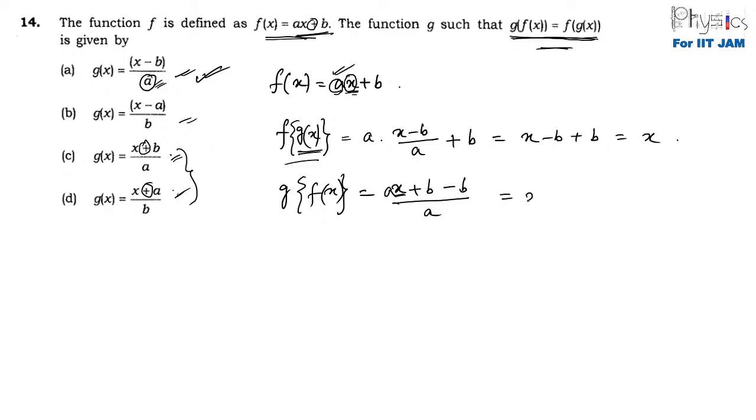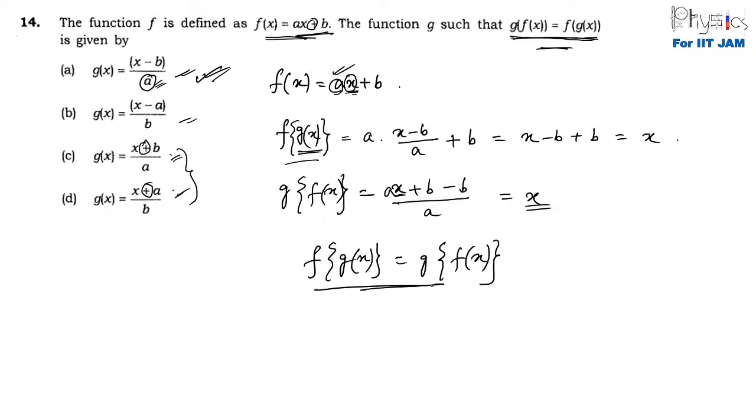And it will give us x again. So for option A, we have f of g(x) equal to g of f(x). For option A only, this condition is satisfied.